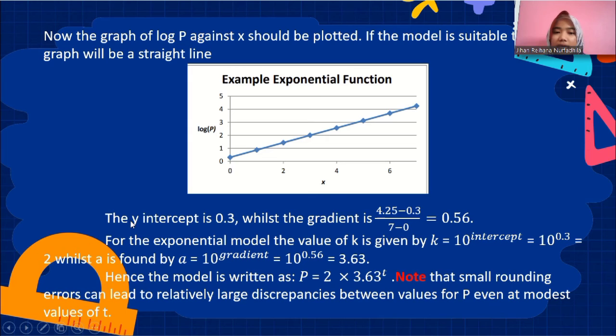The y-intercept is 0.3, whilst the gradient is (4.25 minus 0.3) over (7 minus 0), which is equal to 0.56.